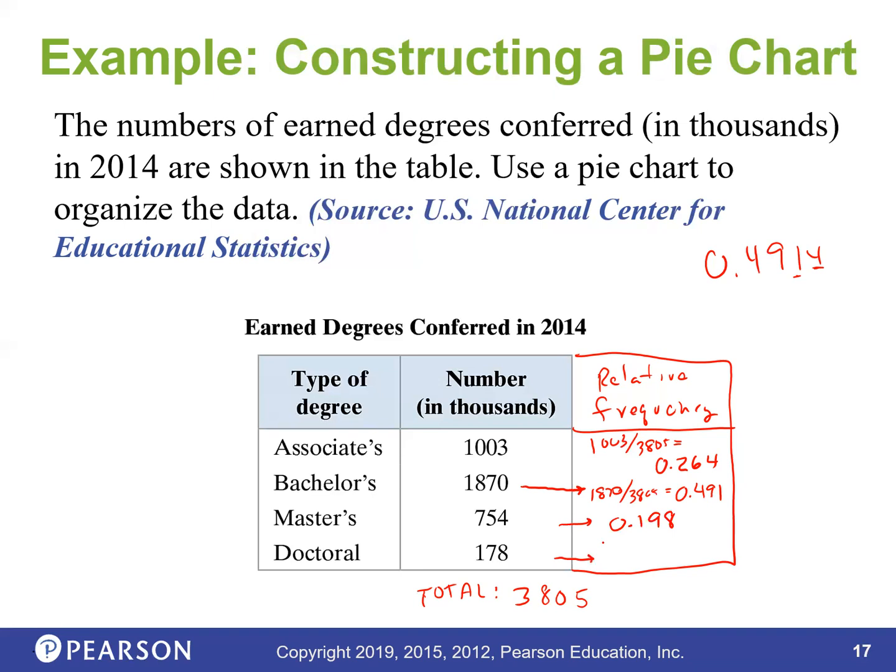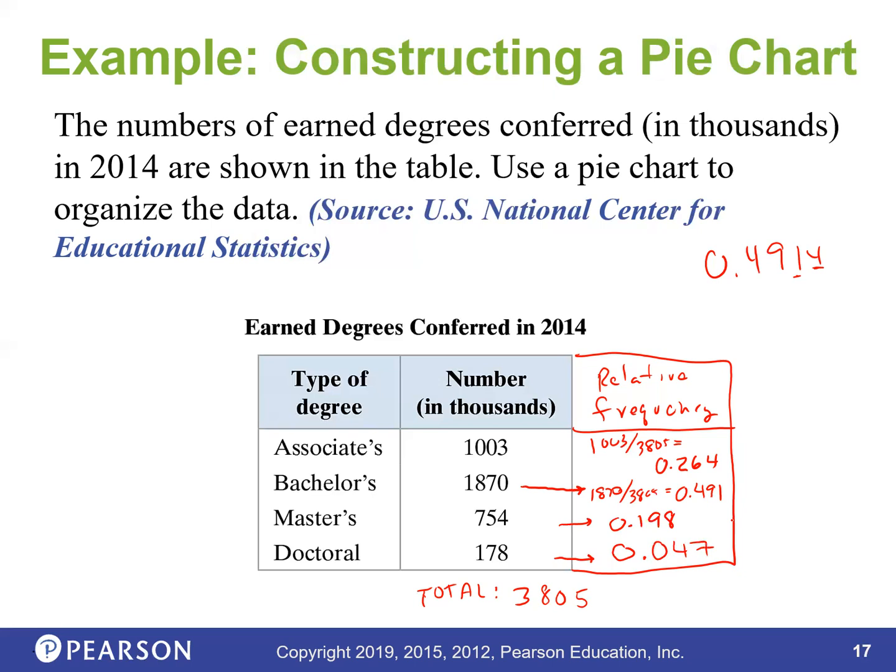Okay, and then Kimberly. If you have a calculator. Yes. Cool, 178 divided by 3,805. I know it's a zero from 0.467, so 0.047. Perfect, okay.